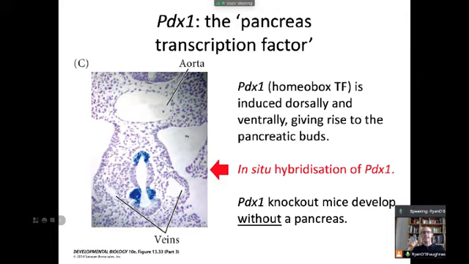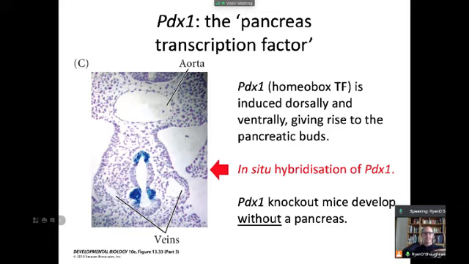But it's PDX1 that is the key transcription factor that codes for the pancreas. PDX1 is a homeobox transcription factor that is induced both dorsally and ventrally, giving rise to pancreatic buds.